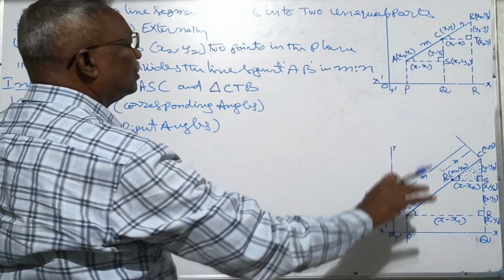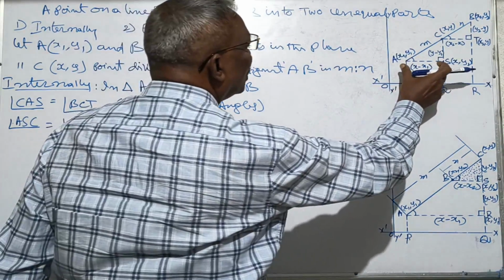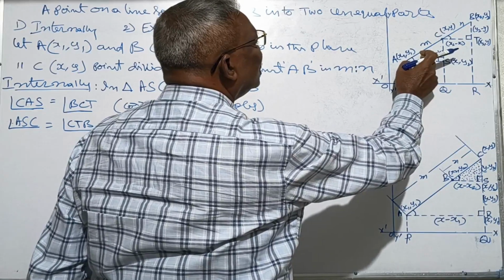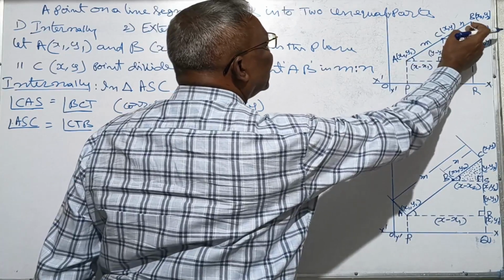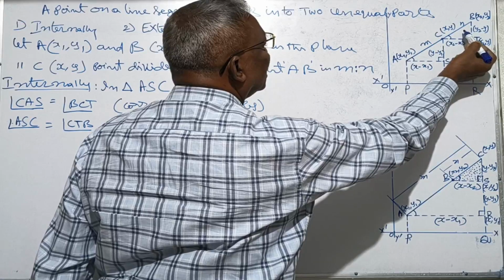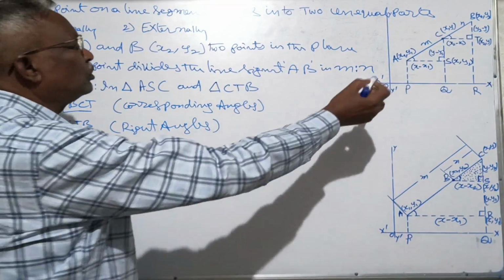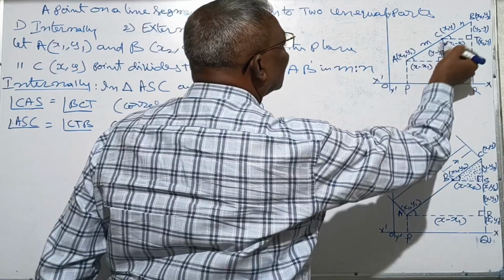As per the angle similarity theorem, if two angles in the first triangle are equal to two angles in the second triangle, it indicates both triangles are similar.